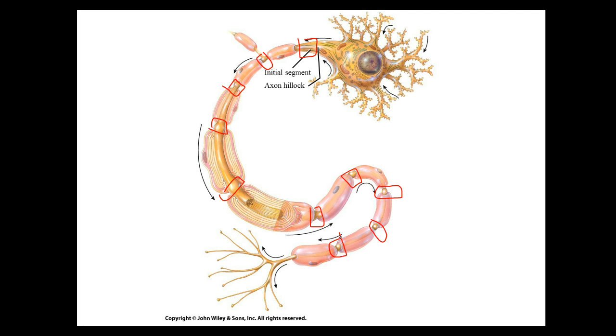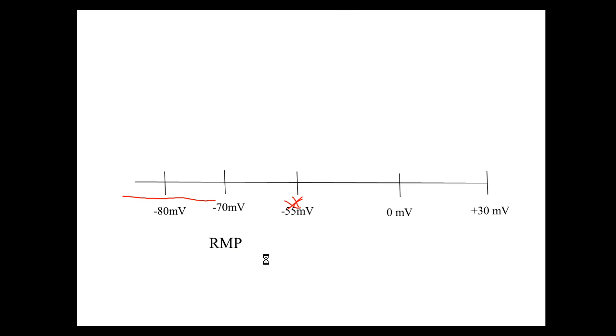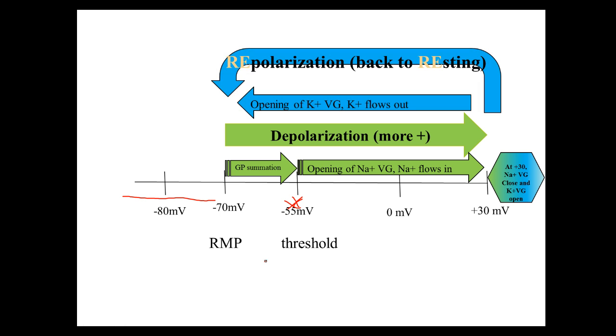This repeats itself until we reach those end bulbs. Now, D and re always occur. Hyperpolarization does not have to occur. But for our understanding, let's just say it is going to occur every time.